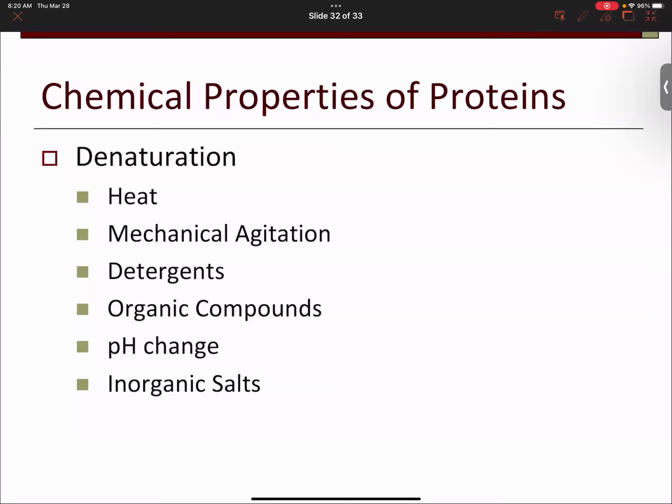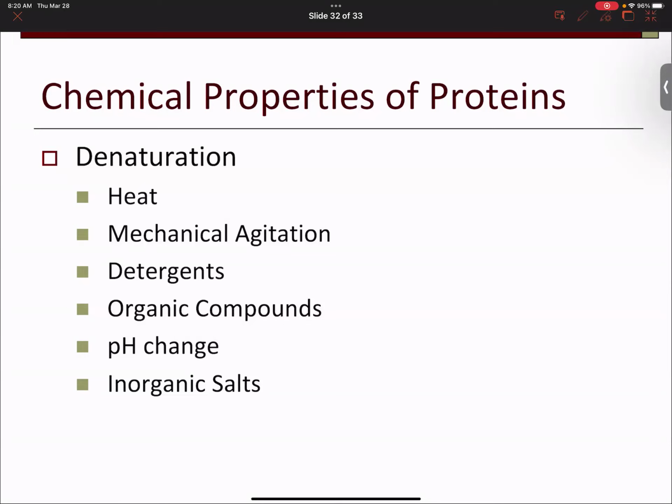So you can get organic compounds in there. You can change the acidity and basicity of the acid-base salt bridge. You can add inorganic salt. And again, that's going to interrupt that acid-base, that positive-negative salt bridge.